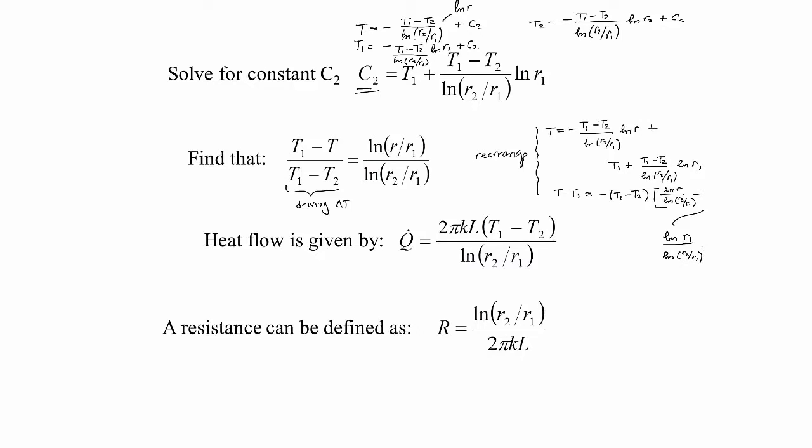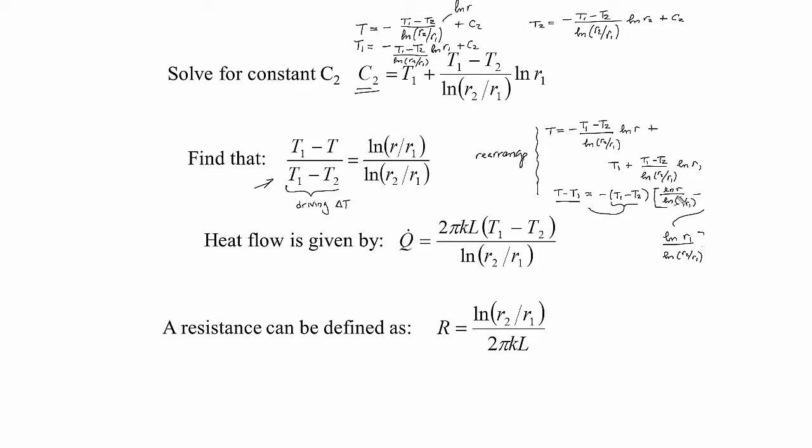So I've got to erase this. We basically just divide: we stick this guy over here, so we put that in the denominator. That's where we get this.